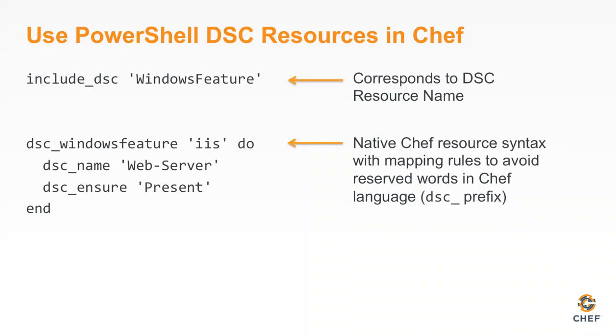We basically have a mapping between the actual functions within DSC and how that code would appear in a Chef context. So you have Windows feature and IIS, and we have some mapping rules to deal with reserved words, to make sure they don't conflict with things already built into the Chef language, but we have DSC name web server and DSC ensure is present.